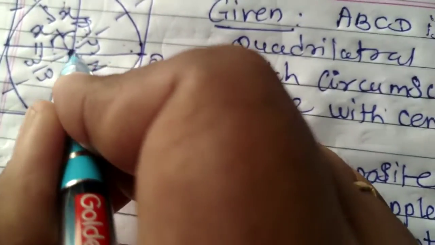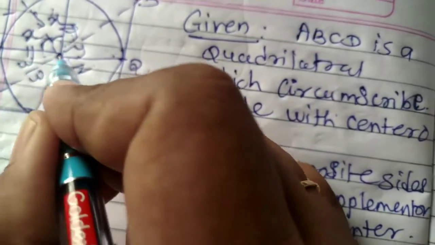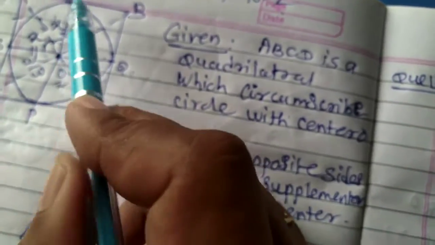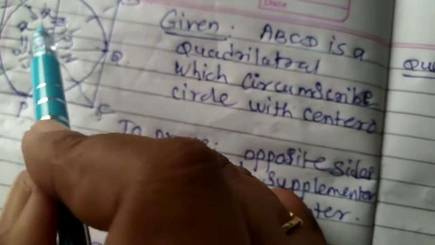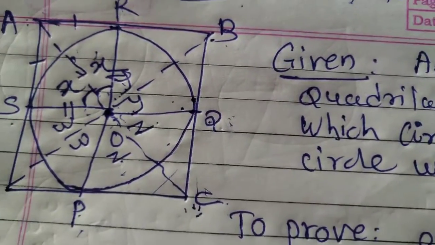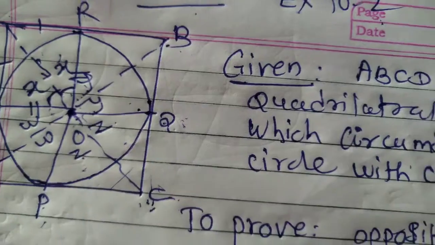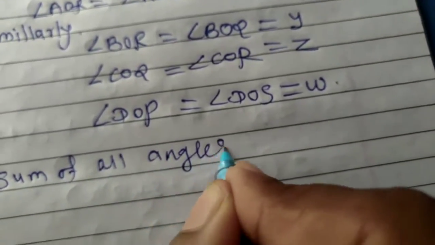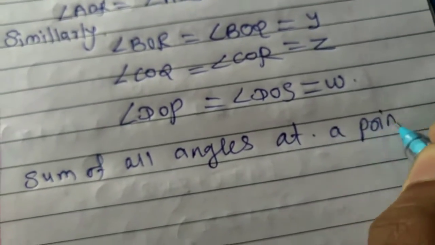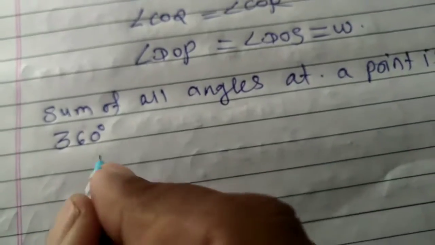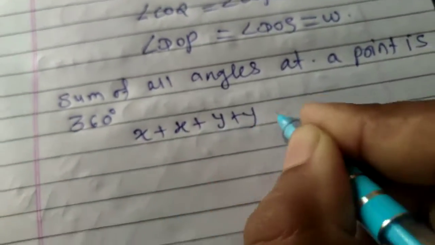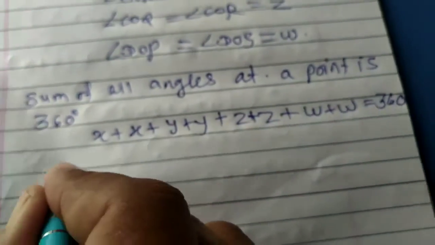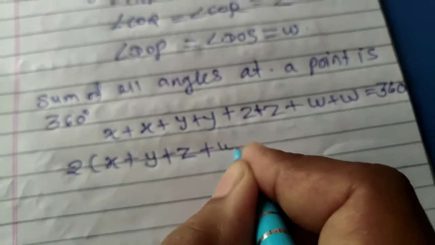Now the center of the circle is O, and the measure of all angles created at a single point is 360 degrees, means the sum of all these angles is 360 degrees. From the figure directly you can write X plus X, Y plus Y, Z plus Z, W plus W equals 360 degrees.